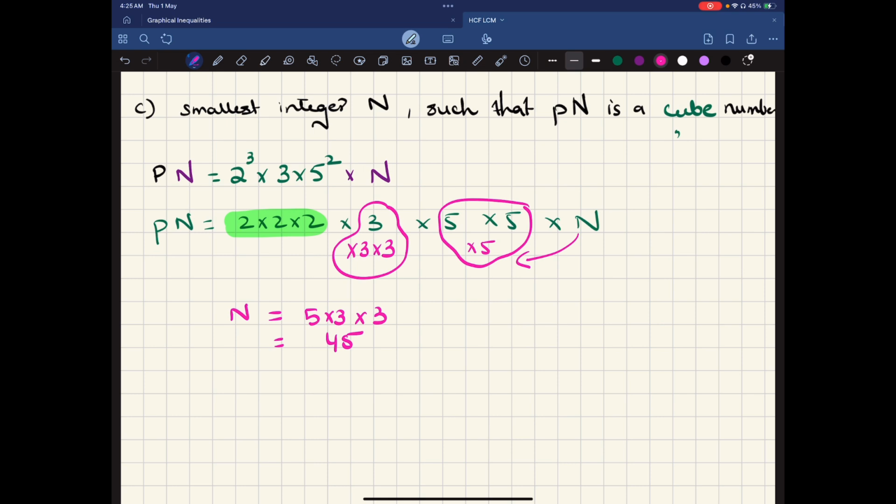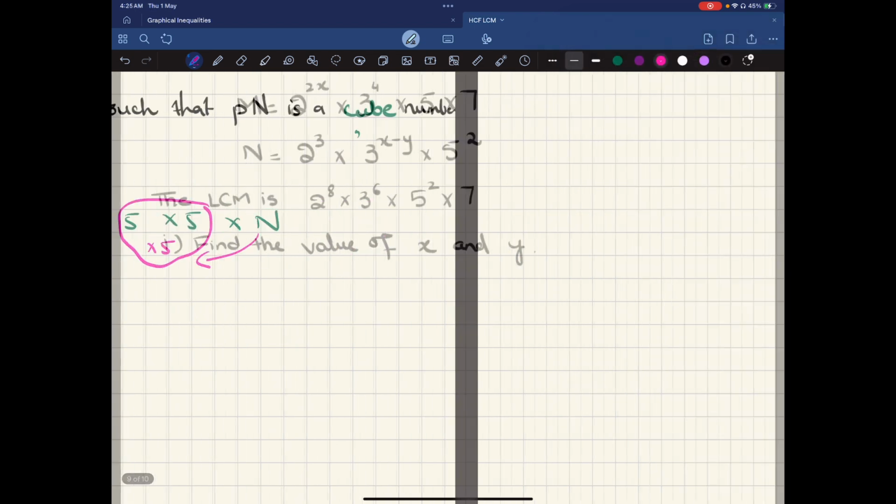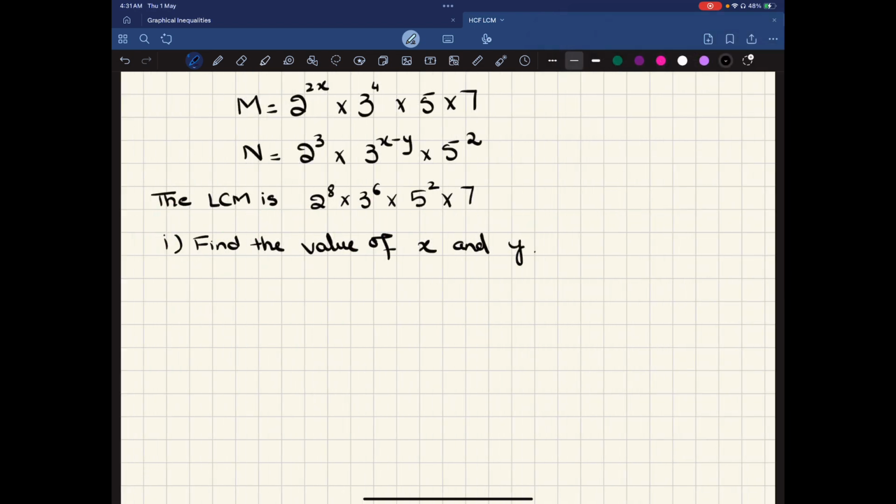I hope this is clear. Now let's do a slightly tricky question. This question might seem tricky, but if you follow the rules and the understanding of what has been taught, you should face no difficulty in solving it.